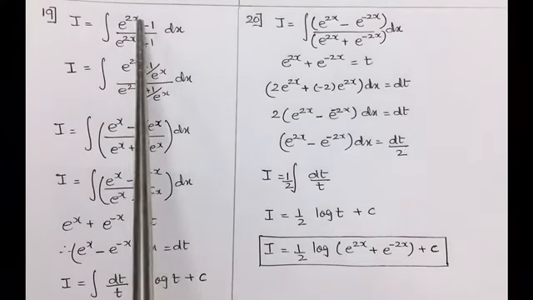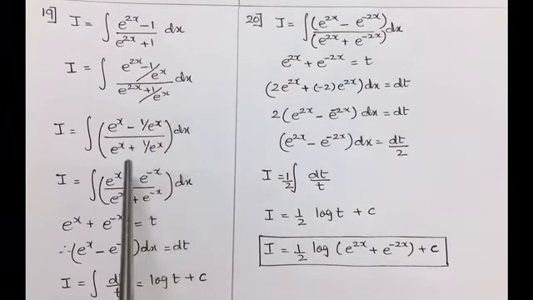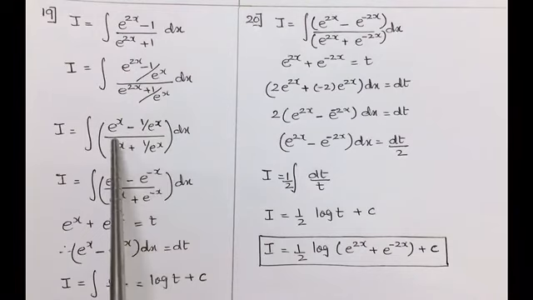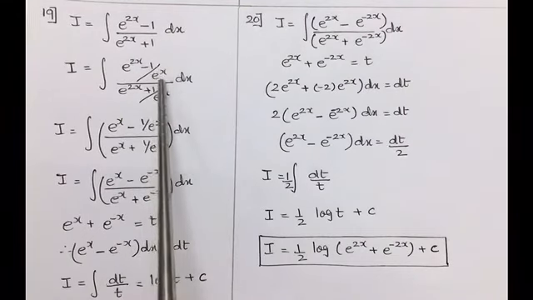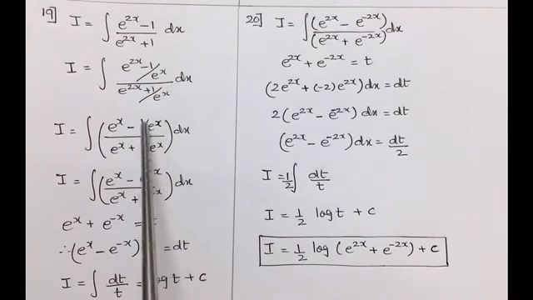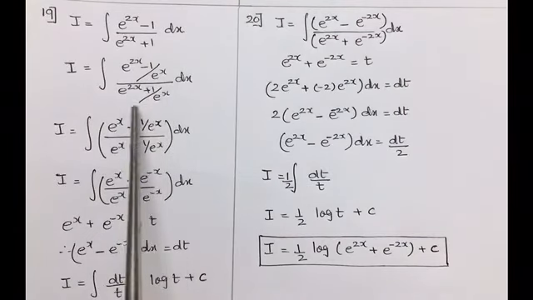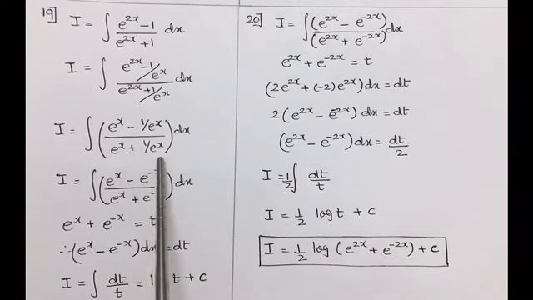So dividing both numerator and denominator by e raised to x, e raised to 2x divided by e raised to x will give e raised to x, minus 1 divided by e raised to x remains as 1 upon e raised to x. Same thing in the denominator, we get e raised to x plus 1 upon e raised to x dx.